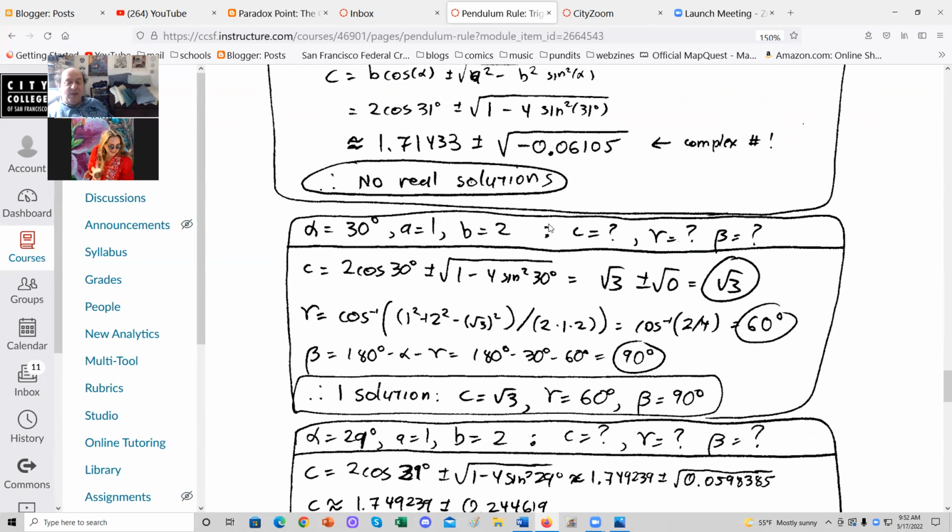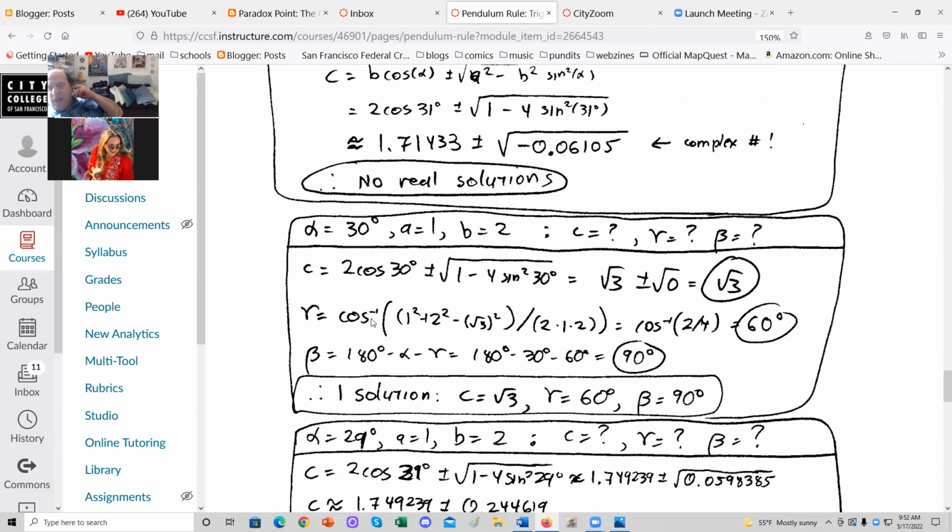Here we have alpha is 30 degrees, A is 1, B is 2, what's C, gamma, and beta? All right, if you work it out, C is 2 cos 30 plus or minus the square root of 1 minus 4 sine squared 30, which comes to root 3 plus or minus root 0, which is root 3, a single solution. This is a single solution case.